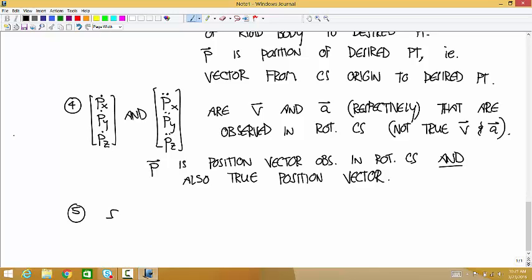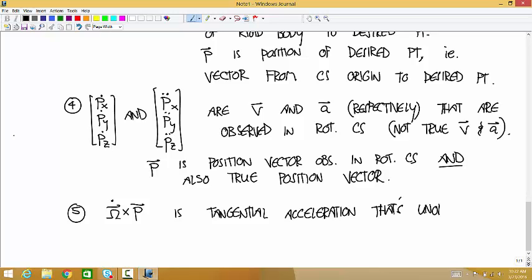Now you can think of this term as the tangential acceleration that's unobserved in the rotating coordinate system.